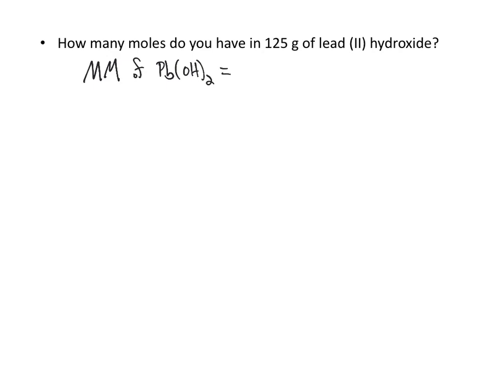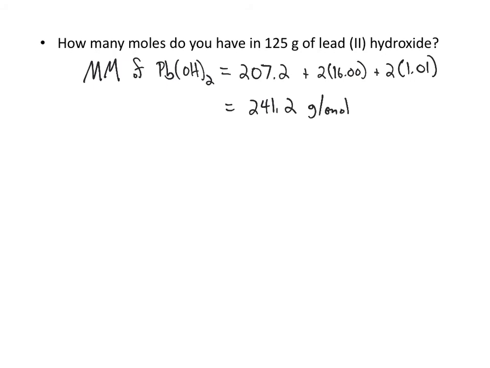And so the molar mass of lead is 207.2. And then I have 2 oxygens, so 2 times 16.00, and then 2 hydrogens, 2 times 1.01. When I add all that up, my molar mass is 241.2.